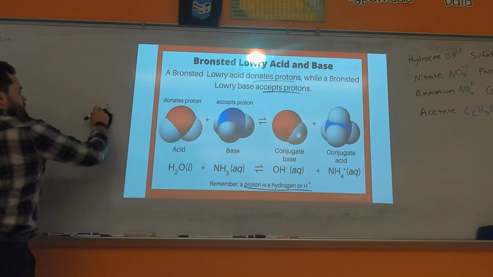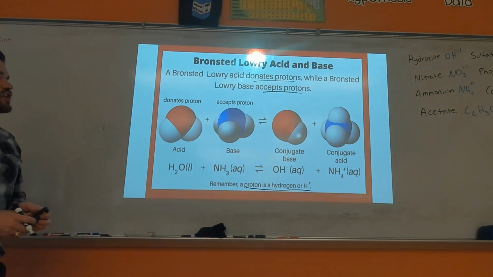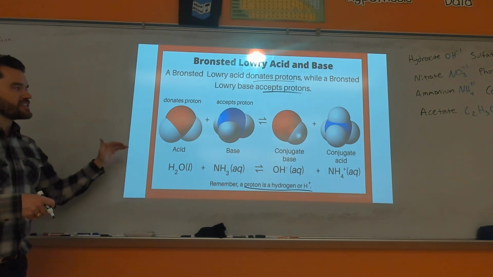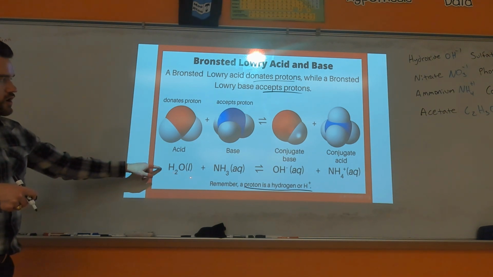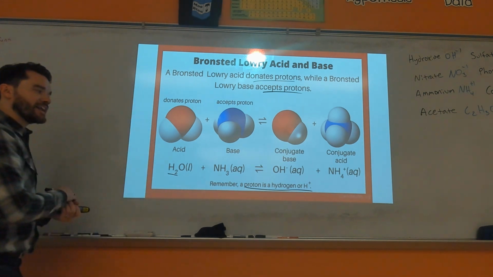Okay. Now then, a Bronsted-Lowry base is anything that accepts protons. Well, consider this. That's maybe a little less obvious. But let's take this example. Water here. Water is H2O, so water will donate a proton because it has two of those hydrogen atoms.